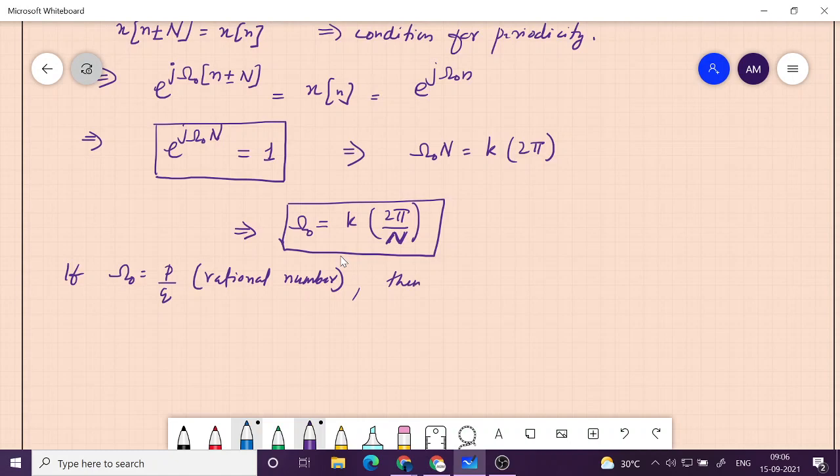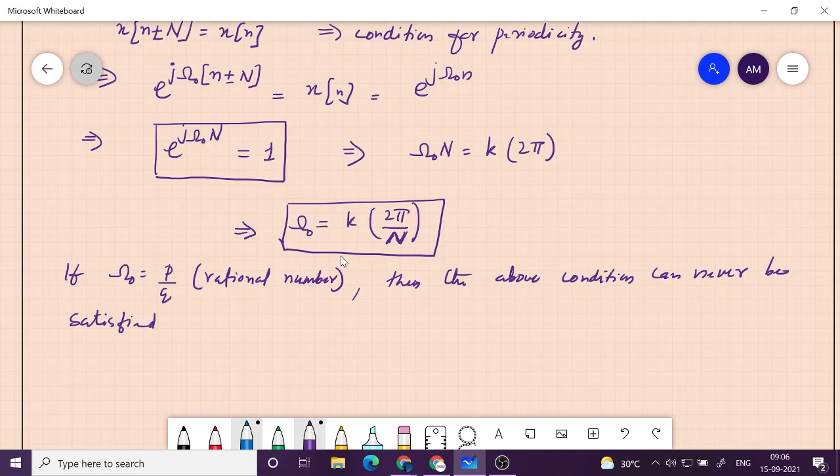Why? Because on the right side we have pi, which is an irrational number.